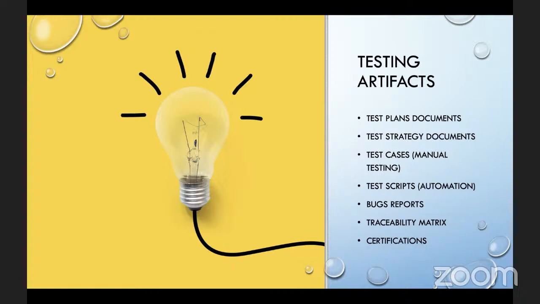Bug reports. Bug reports are also one of the artifacts of a quality assurance phase. So after testing and doing everything, they need to be able to produce bug reports, right? A bug report will simply have information on how many bugs and defects were discovered in the course of this project.